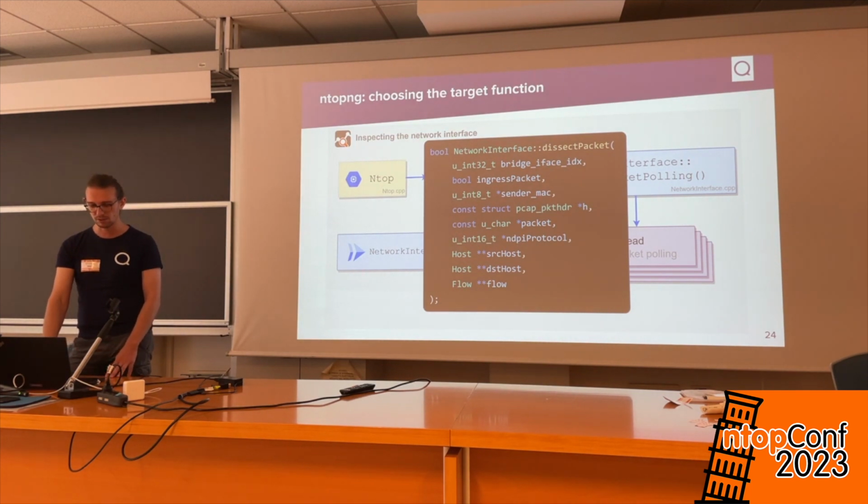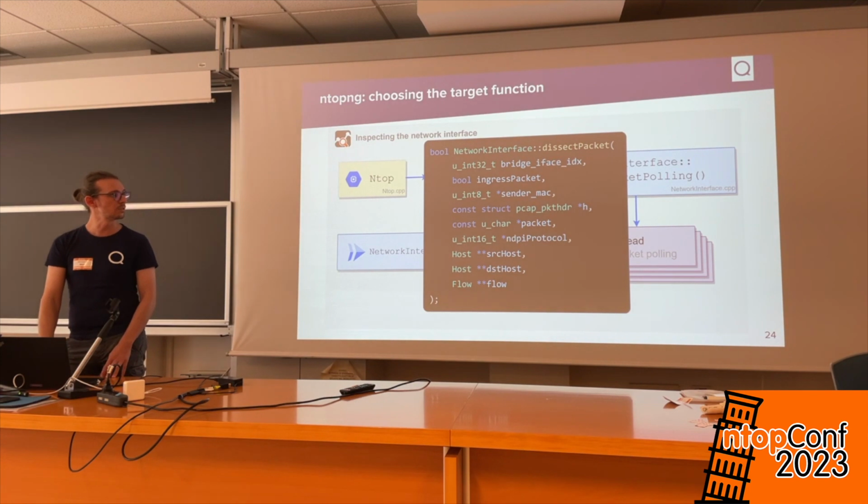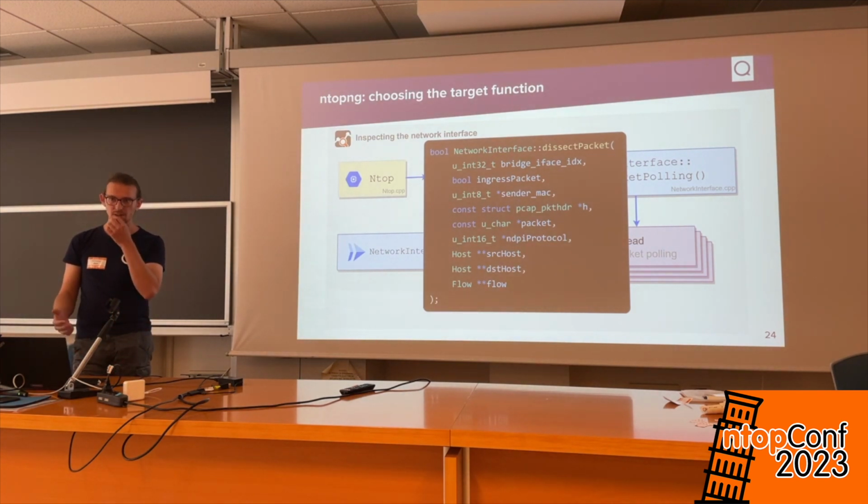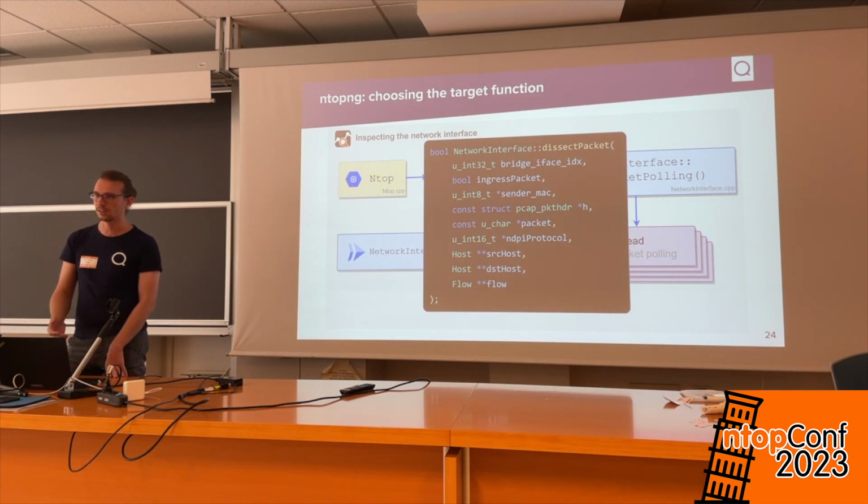It's not really important from the fuzzing perspective. Then we have the header of the pcap structure, and then there is just a buffer of raw bytes that is the content of the packet, and the other parameters are just used as output for the function. It's where ntop will store the information extracted from the packet. There is the flow, source host, destination host, and stuff like that.